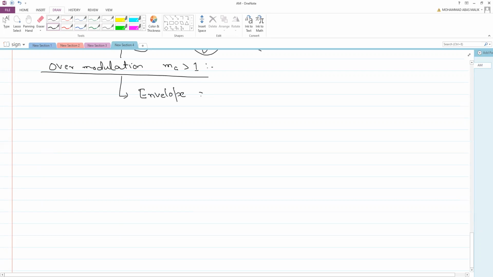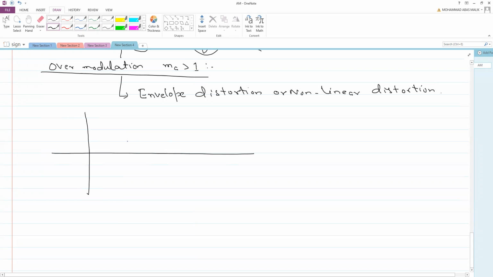Envelope distortion, or that's called nonlinear distortion, right? So you just draw the graph of this.